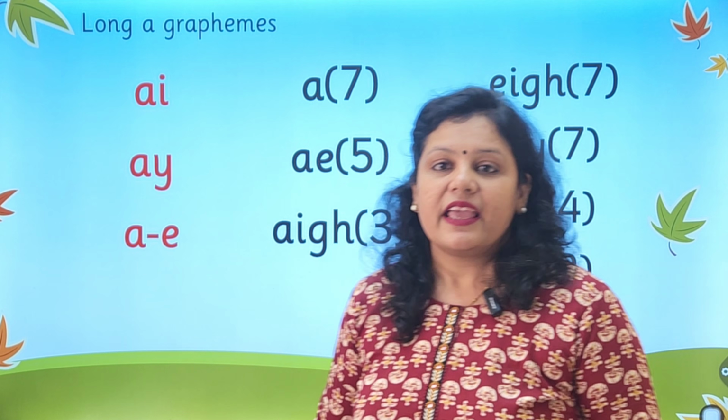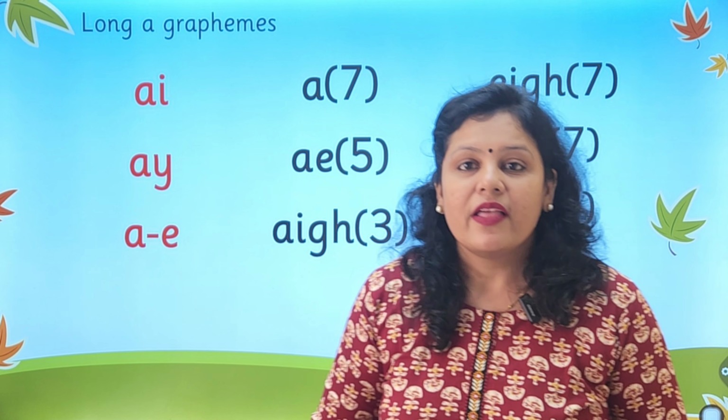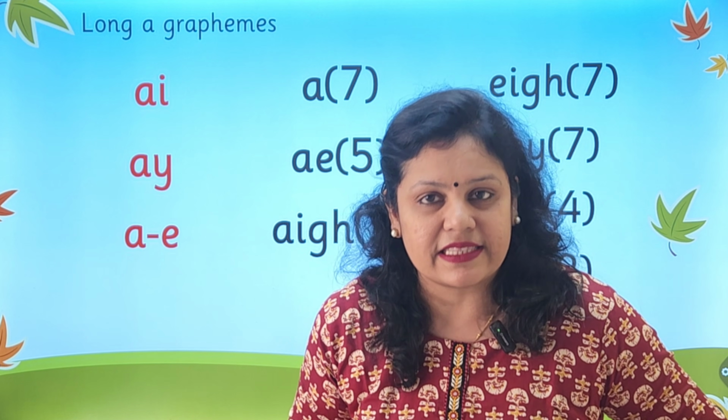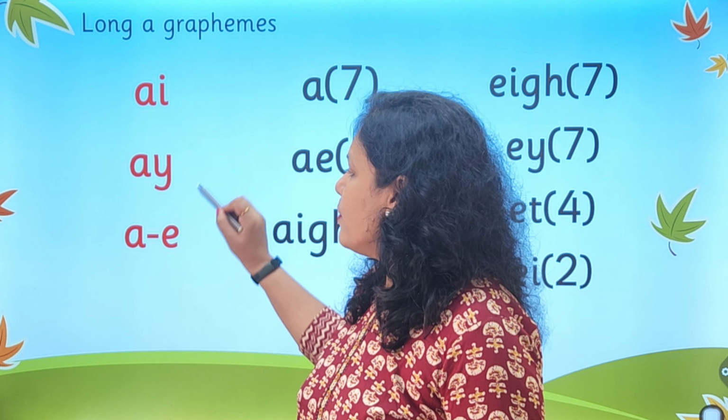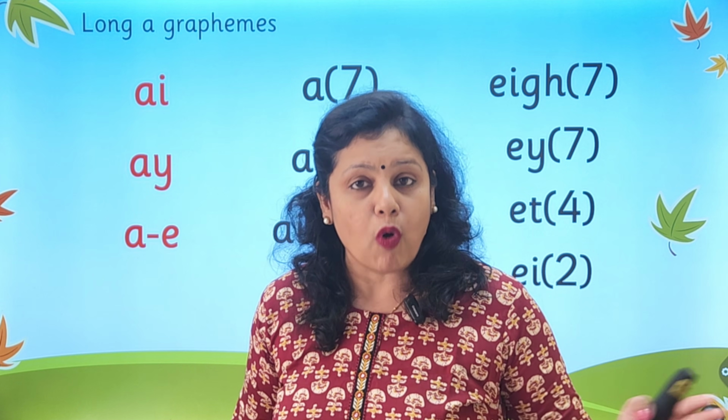Means, if we want to form a rule, then we will consider only those graphemes which have the maximum of the words related to the A sound. And that is why you will always find that AI, AY and A-E fall into the category of the spelling rules of the long A sound.